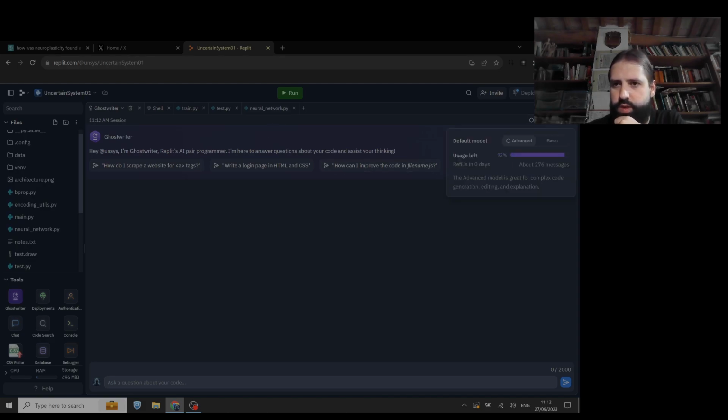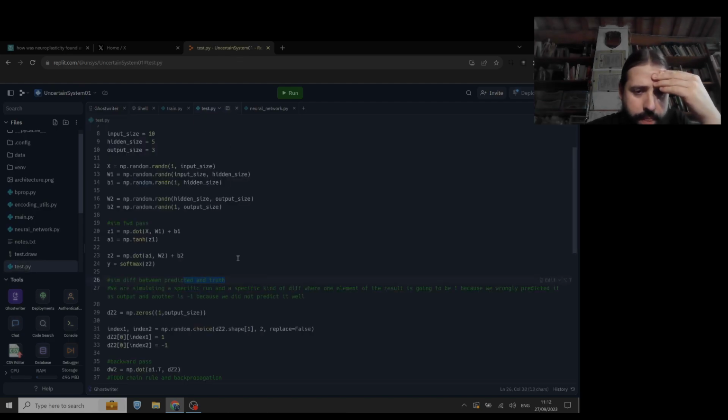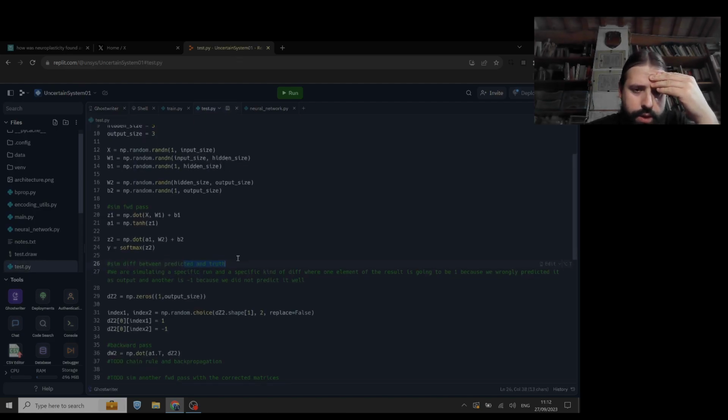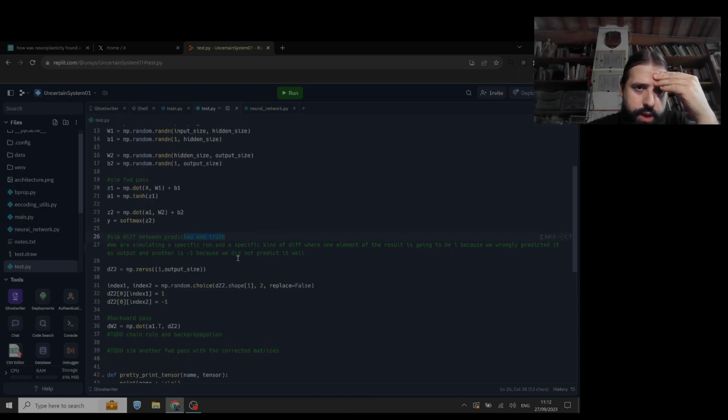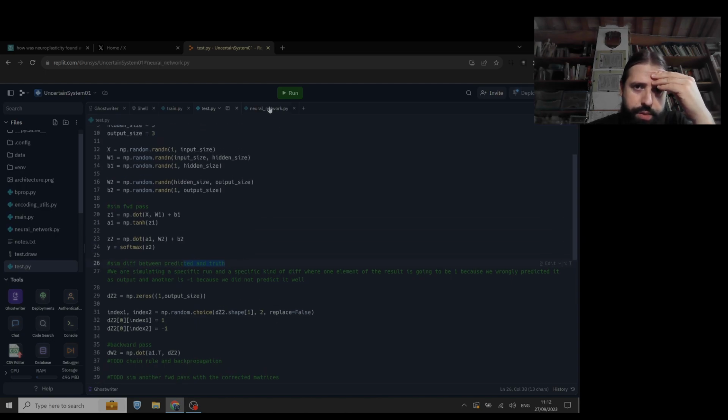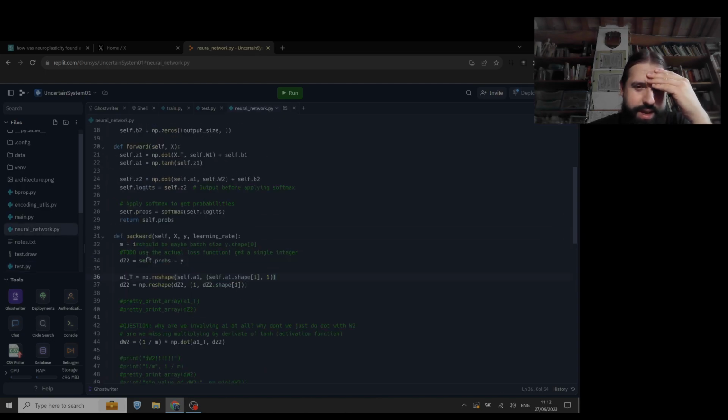Some model settings. Usage of advanced pacing. Okay. I don't remember where I left it. I left it at, yeah, exactly.